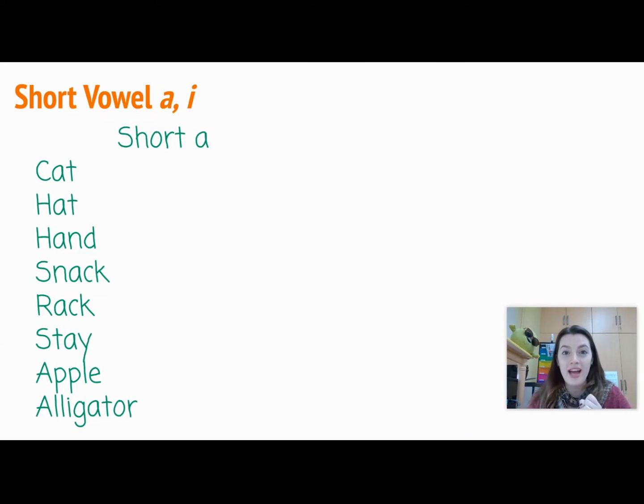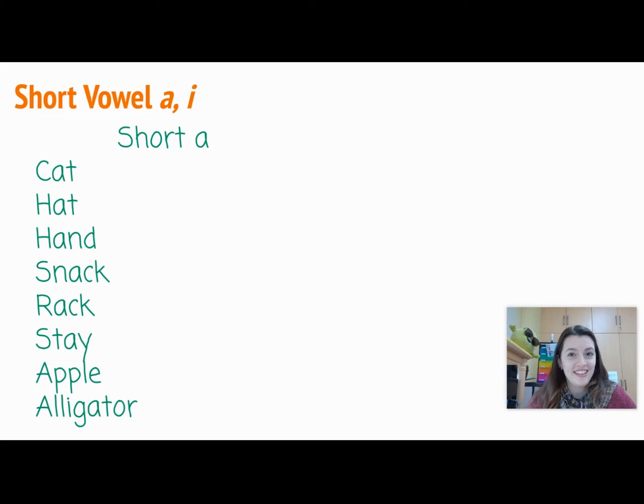I wrote cat, hat, hand, snack, rack, stay, apple, alligator. Now, I wrote one that is incorrect. There's one word in there that doesn't have the short A. It has the long A. Carefully read through my words and touch the word that's wrong.